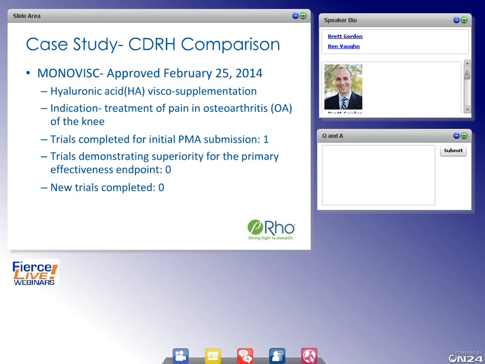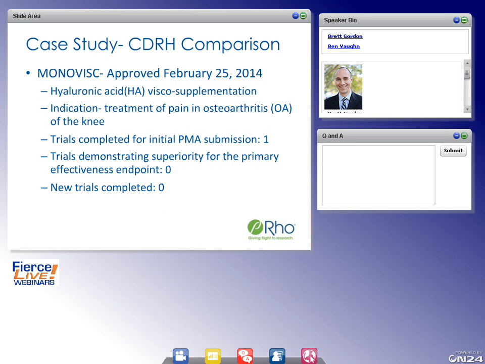And if you look at that 1 trial and whether it actually demonstrated superiority, because the CDER guidance establishes that you need a superiority trial, interestingly enough, it did not meet its primary effectiveness endpoint. Yet they were able to get approval in 2014, after completing a total of 0 new trials for that indication.